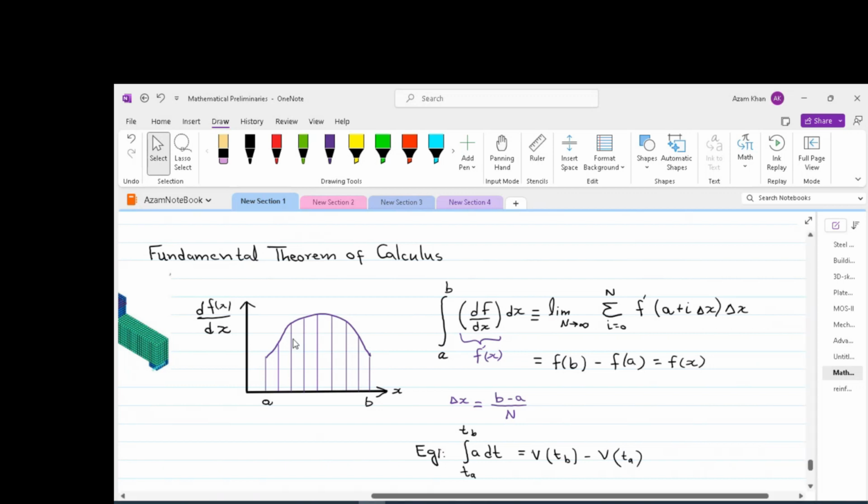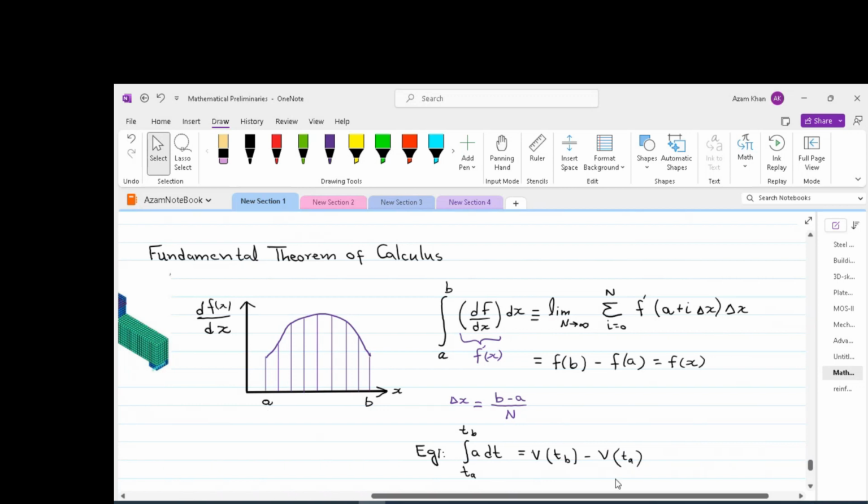In other words, if this is the acceleration of a body in a time x, so a times dt from ta till tb is equal to the velocity at tb minus velocity at ta.